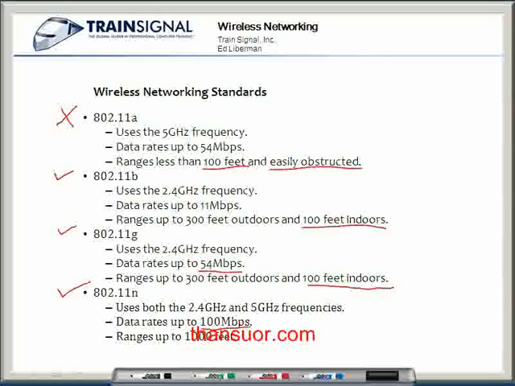So 802.11n can really provide a lot of throughput.